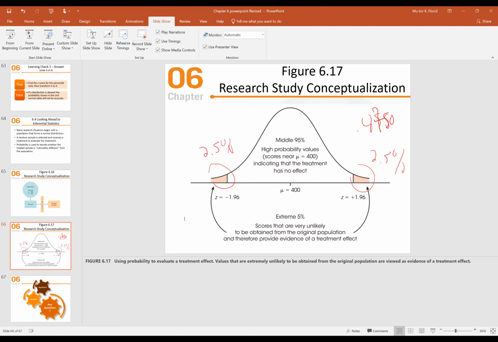And we're going to say any scores that are beyond that are very unlikely to be obtained from the original population. Therefore, that provides evidence that the treatment is effective. The treatment does work. And so that's one way that when we do studies, we evaluate if a treatment works or not. And we're going to go more into that in our next chapter.